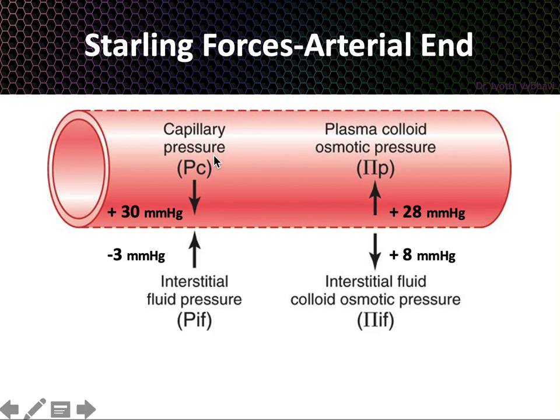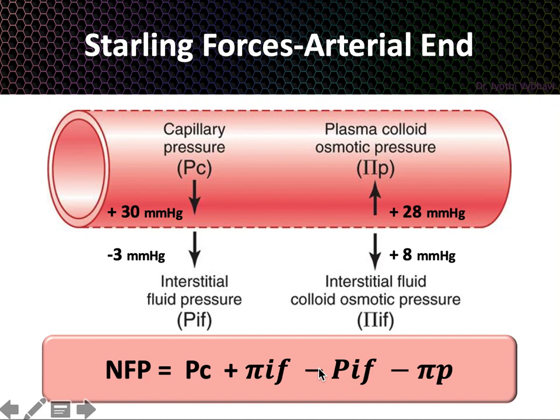Capillary fluid pressure was plus 30, and obviously it is the outward pressure. Plasma colloid osmotic pressure was plus 28 at the arterial end, and interstitial fluid colloid osmotic pressure was plus 8. Interstitial hydrostatic pressure was minus 3, and because it is minus, it is an outward force.